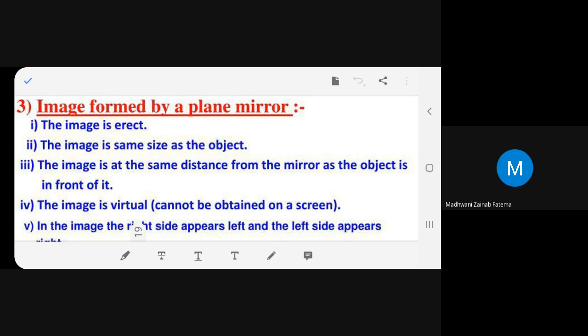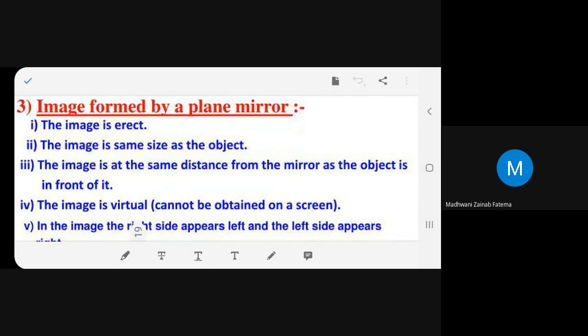And the other version of it is erect. Here it is standing straight. We are standing straight, isn't it? Yes, ma'am. In the image also we are standing straight. So you agree. So it is erect. That is the first thing. All of you understood, beta?